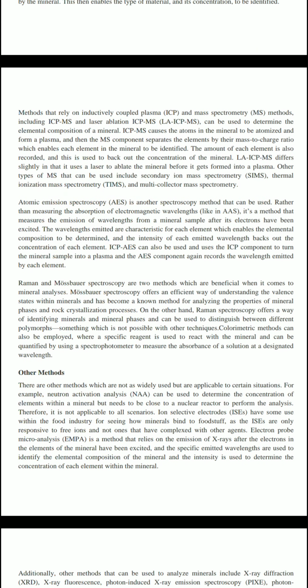The next methods rely on inductively coupled plasma (ICP) and mass spectrometry (MS), including ICP-MS and laser ablation ICP-MS, that can be used to determine the elemental composition of a mineral.